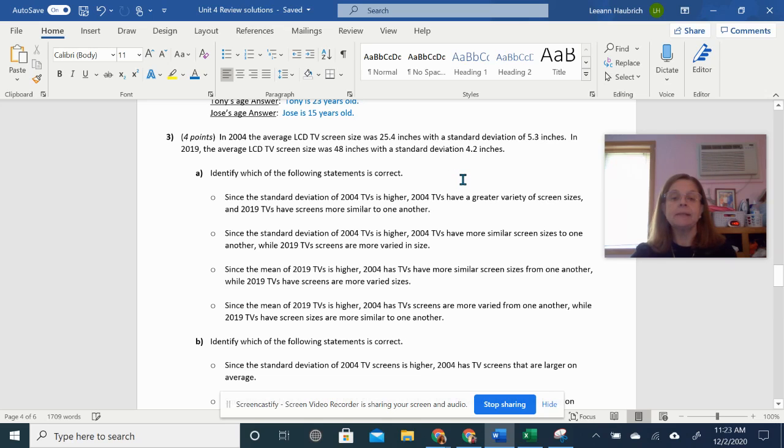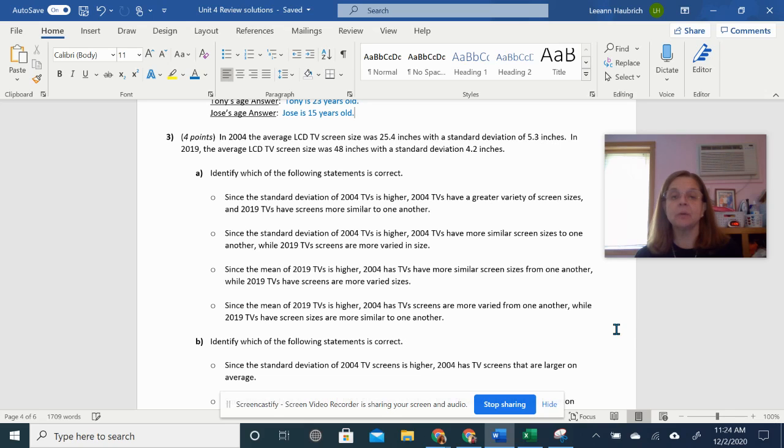Okay. Identify which of the following statements is correct. I never like these because sometimes it could be more than one, but usually it's one. Let's find out. Since the standard deviation in 2004 TV is higher, well, that's true.